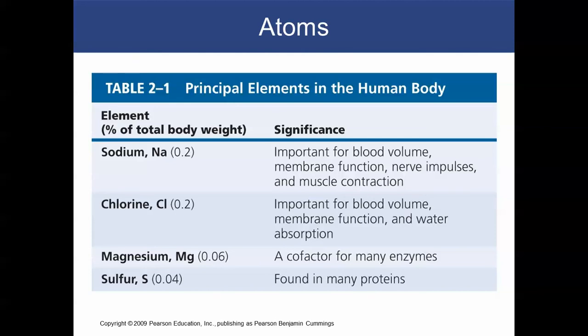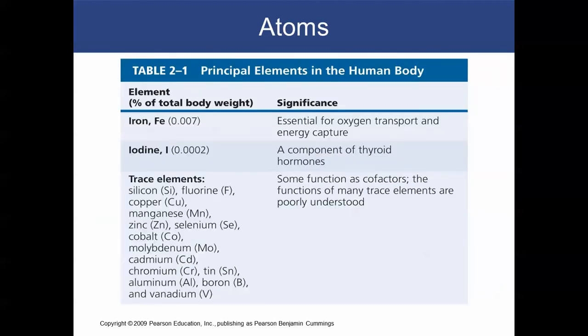And chloride, or chlorine, which is important for blood volume and membrane function. Other ones are magnesium, which is a cofactor of many enzymes, and sulfur, which is found in proteins. Iron, especially if you are a premenopausal woman, is very important because it plays an important role in your blood.